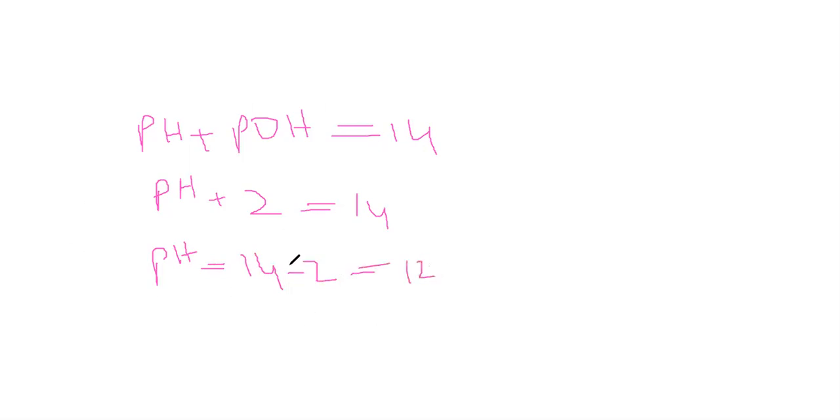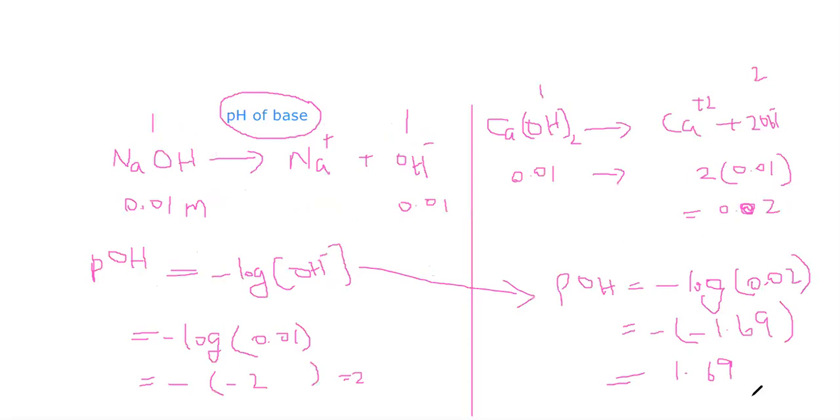So this is a very simple formula. You can use this formula to convert the pOH into the pH and the pH into the pOH. And similarly, you can do this for any of the other calculations I have done over here.